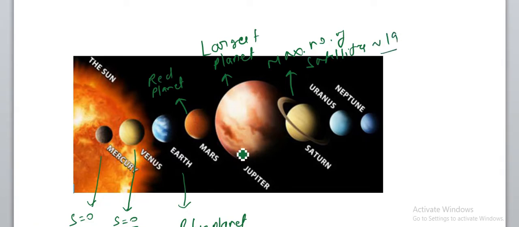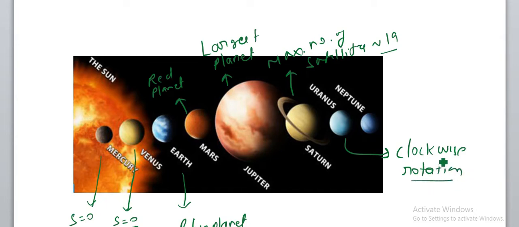Uranus is the only planet in the solar system which has clockwise rotation.